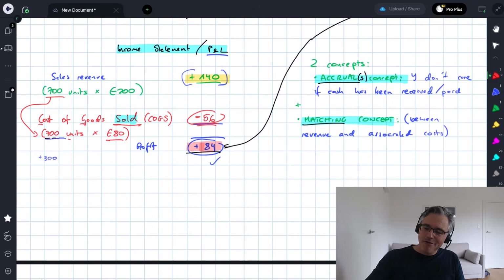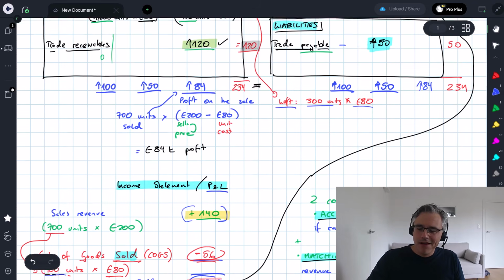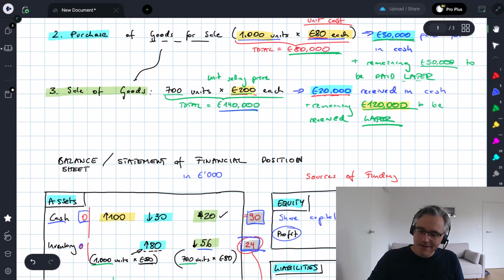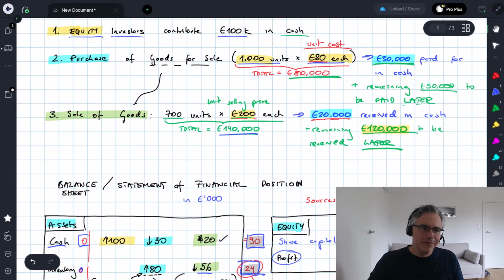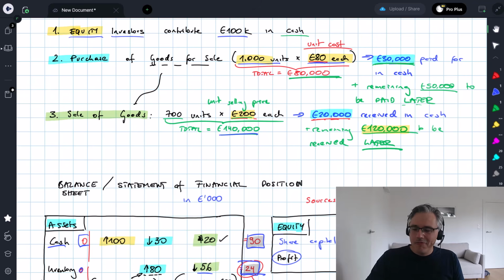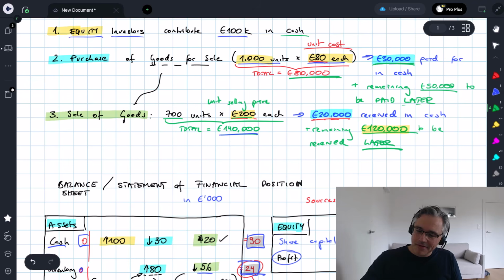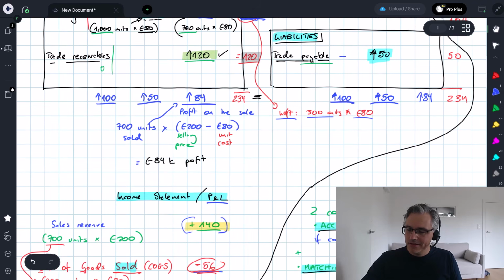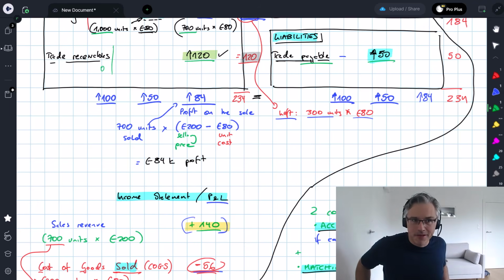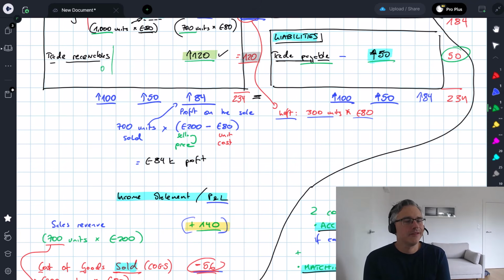But then, very critically, we must admit that even though we bought a total of 1,000 units, we actually didn't pay for it all, because there is still in our balance sheet a trace of the fact that we owe our supplier, actually it's this figure over here, 50,000. So even though we bought a lot, still a lot of that amount remains to be paid to the supplier.